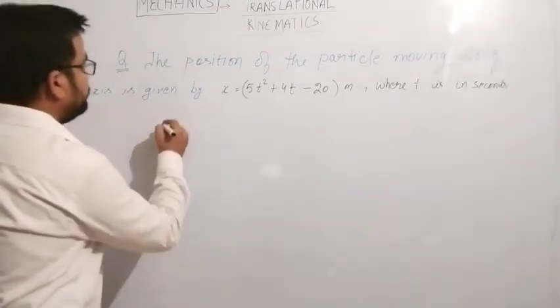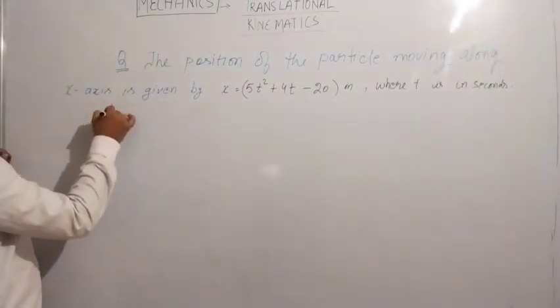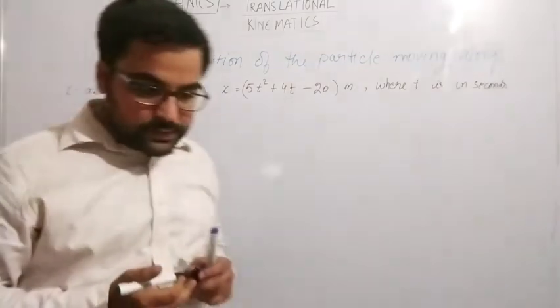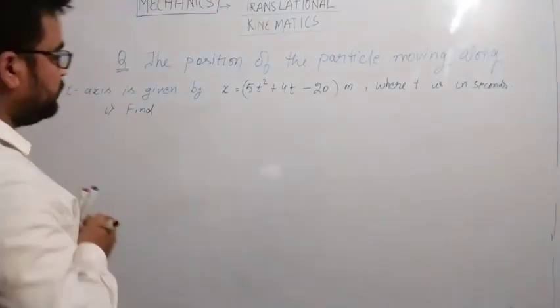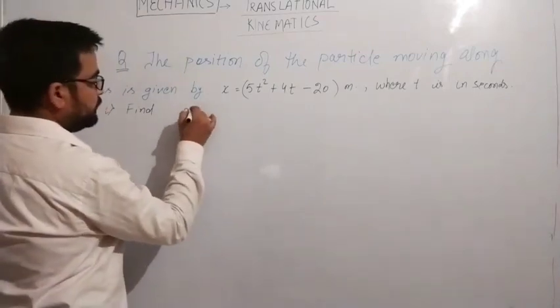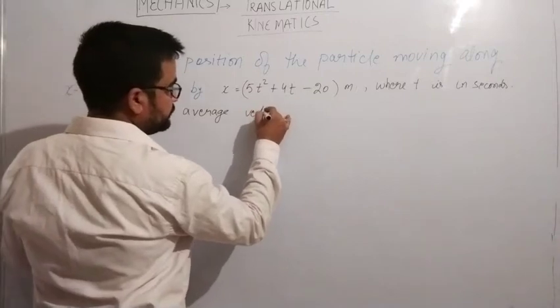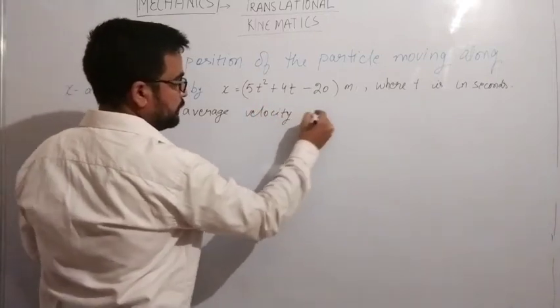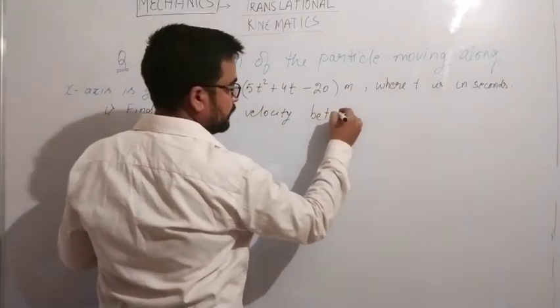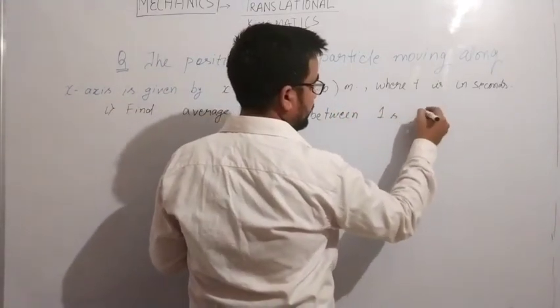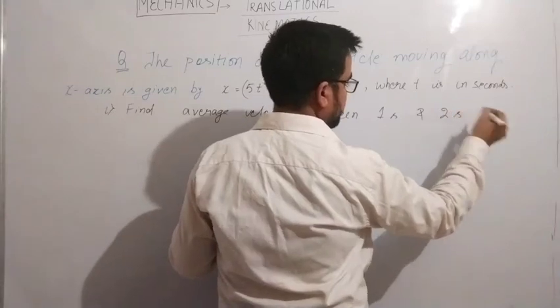So we have to find, first, the average velocity between 1 second and 2 seconds.